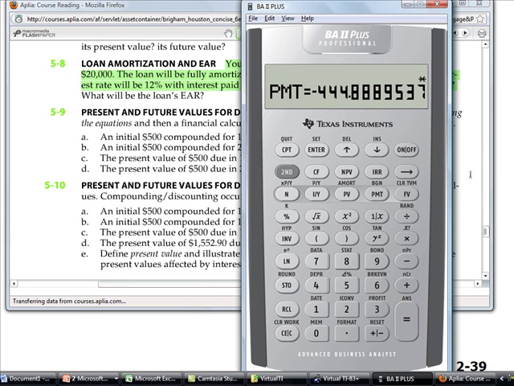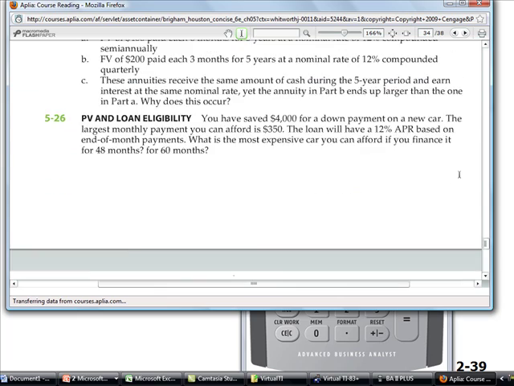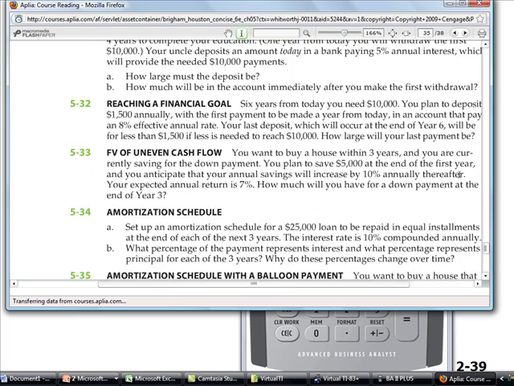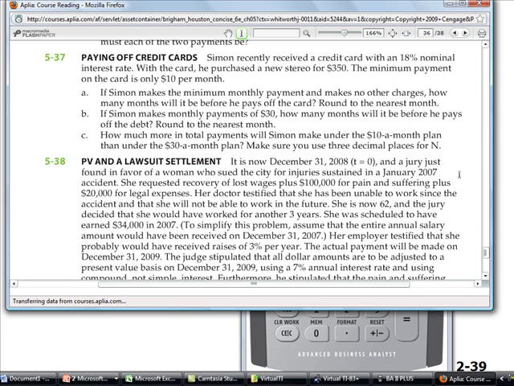Now before we leave, I want to look at one other problem that I frequently assign for homework, and I always get lots of questions on it. So we might as well address the question right now. This homework problem is about paying off credit cards, or really paying off any type of loan. Simon recently got a credit card with an 18% nominal annual interest rate.